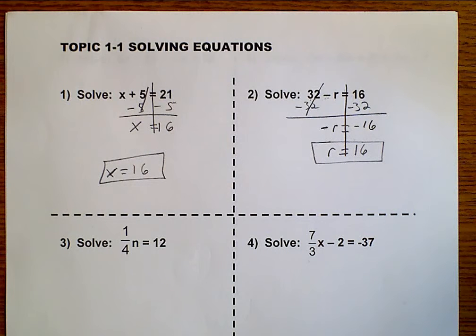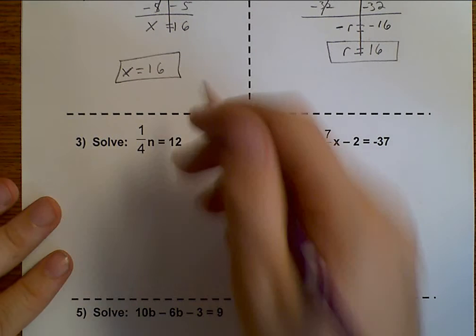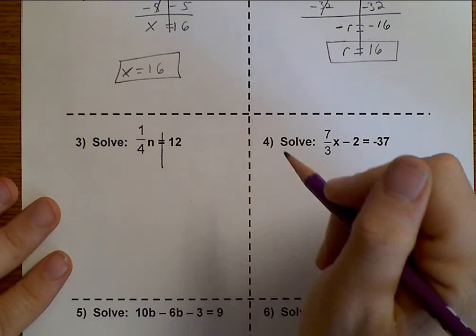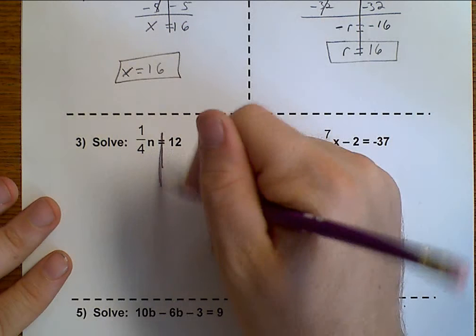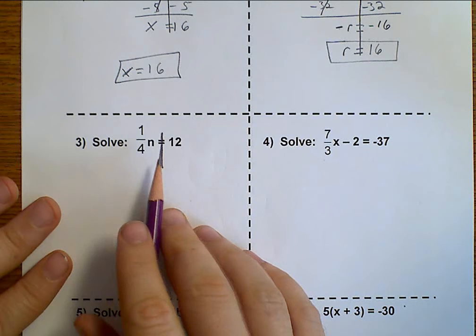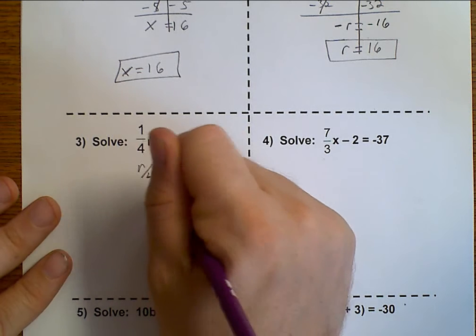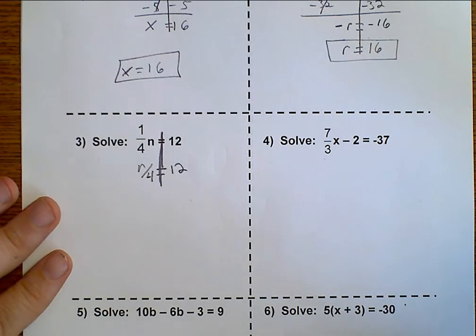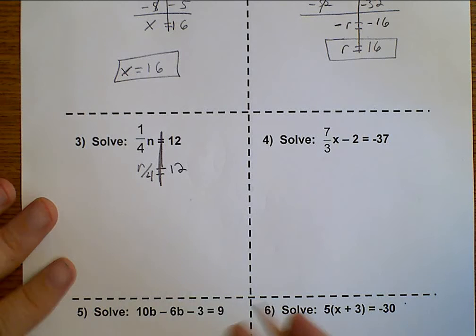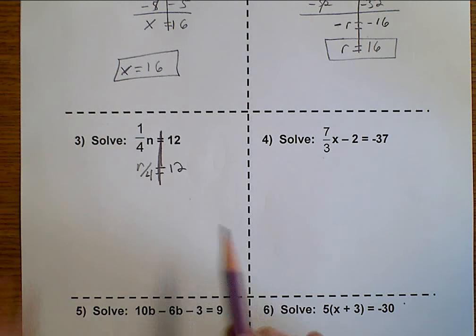Now let's go ahead and take a look at example number 3. This is another one-step problem. Now, 1/4 n is the same thing as saying n divided by 4 equals 12. They're the same thing, and so I wanted the opposite of dividing by 4.